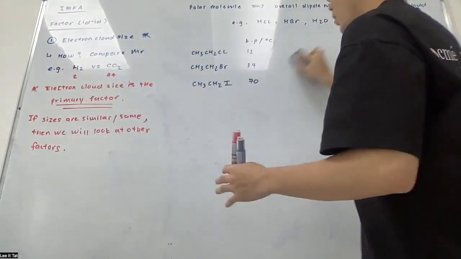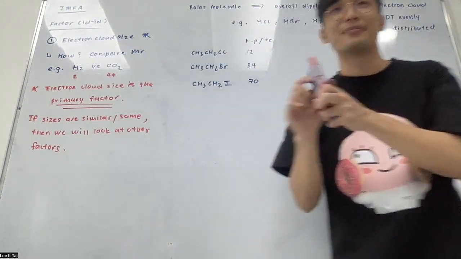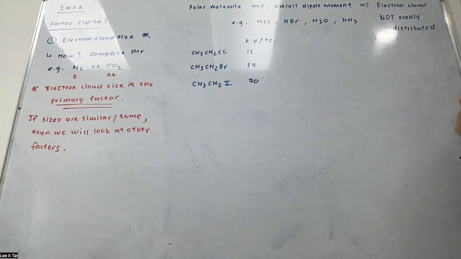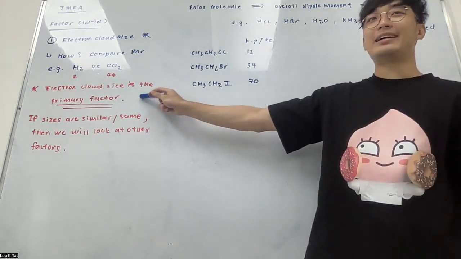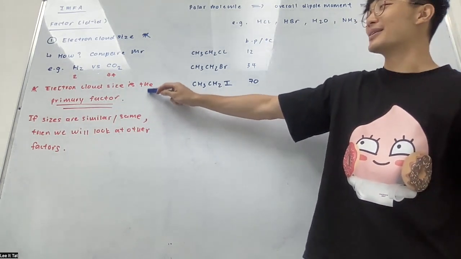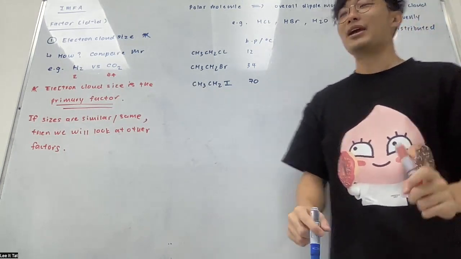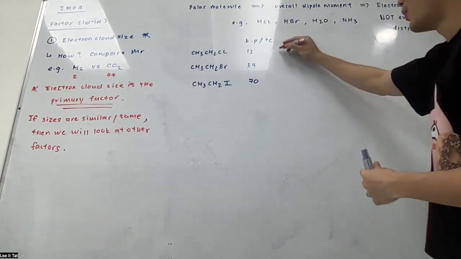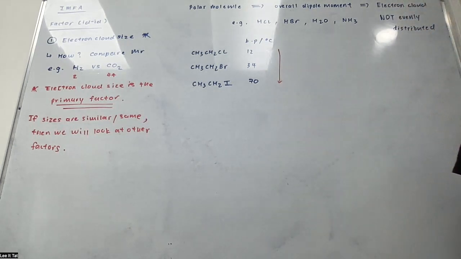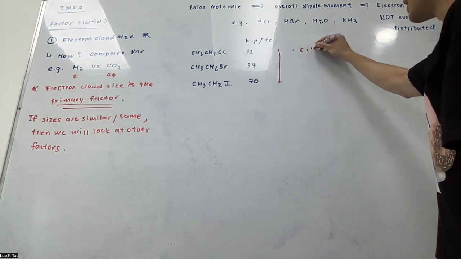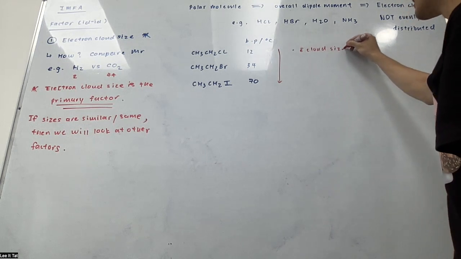So instead, guys, what are we supposed to compare once again? Not mole ratio. We should always be looking at, I haven't erased this statement yet, electron cloud size as the first primary factor. Can you see that? So we go down the group over here. What happened to the electron cloud size? Bigger or smaller? Let's write it down. If the electron cloud size increases, what does that mean?